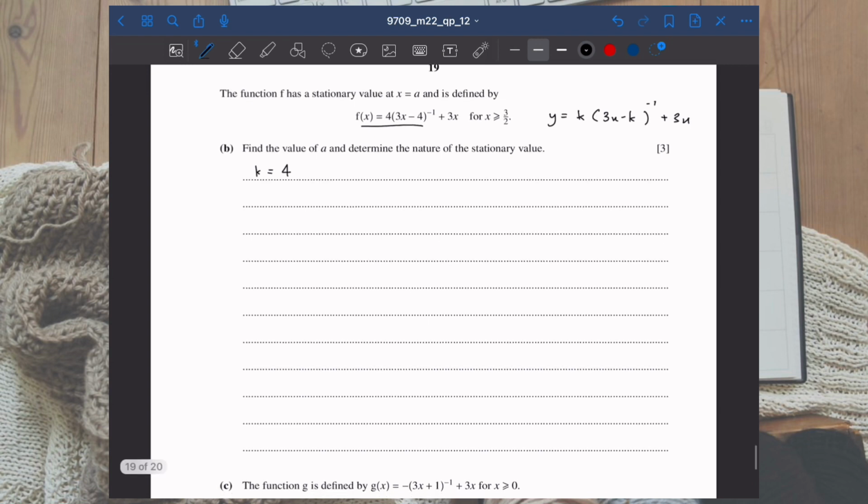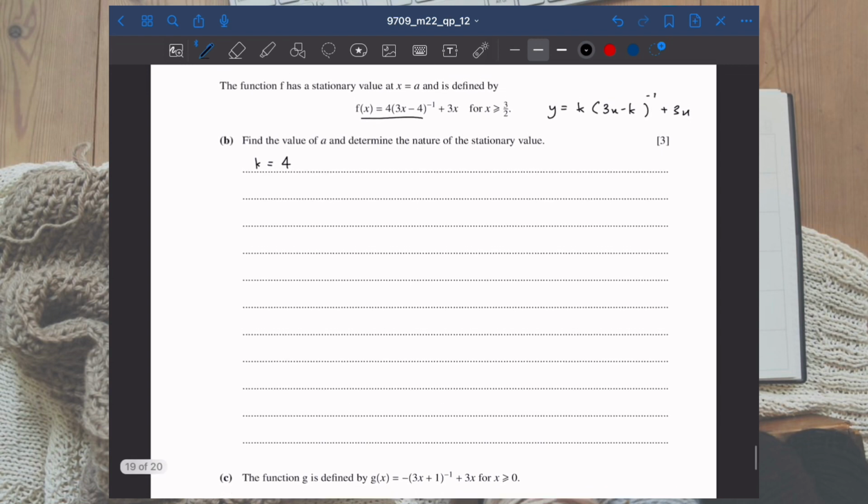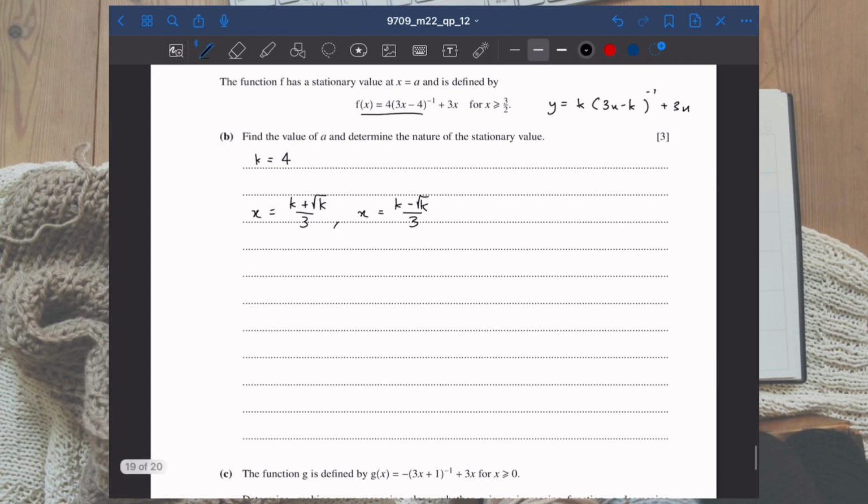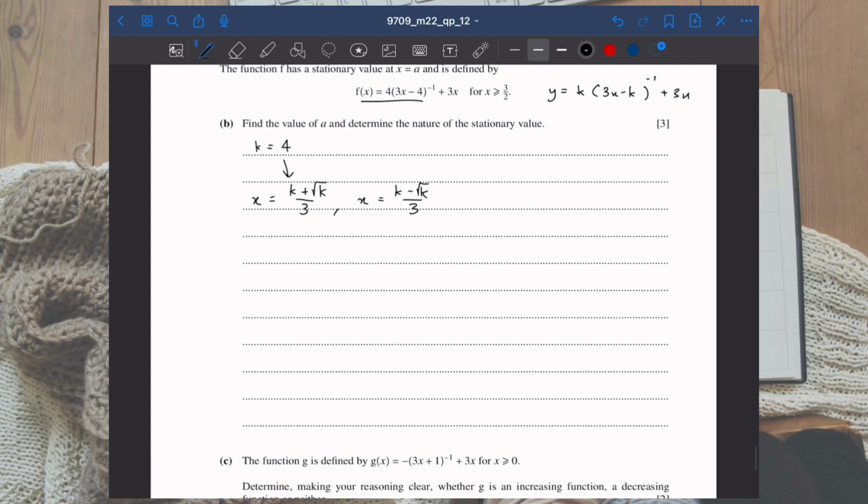Our values of x earlier at the stationary point were x equals k plus square root of k over 3, or x equals k minus square root of k over 3. Since our value of k in this function is 4, we can substitute it back into our stationary point.